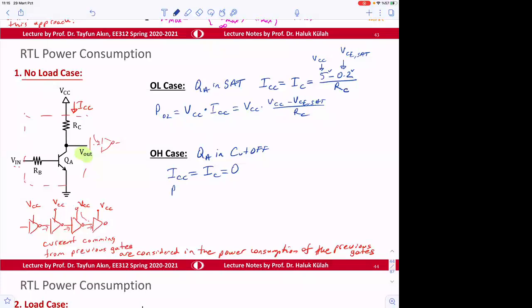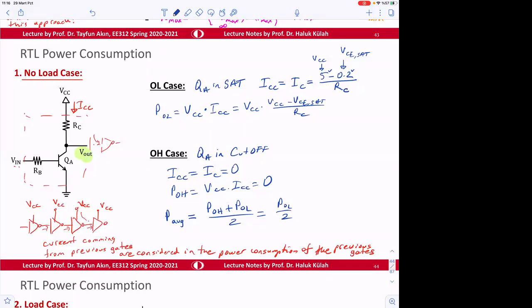So what is P output high case? VCC times ICC, which is equal to 0. Okay. So P average is going to be P output high plus P output low divided by 2. So it's going to be equal to, in fact, P output low divided by 2. Okay, so that's how we calculate the power dissipation.